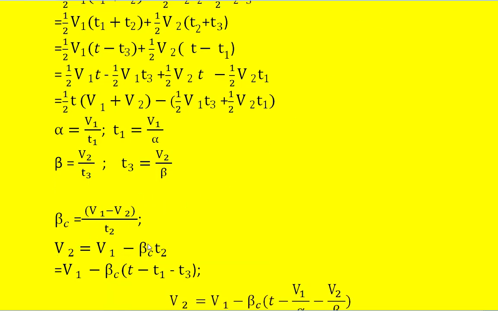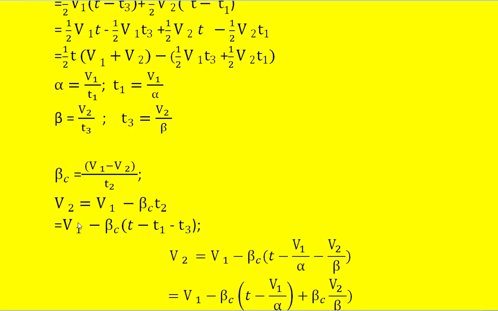From the beta c equation we can write V2 is equal to V1 minus beta c into T2, and T2 we write in terms of T, T1, T3, that is T minus T1 minus T3.